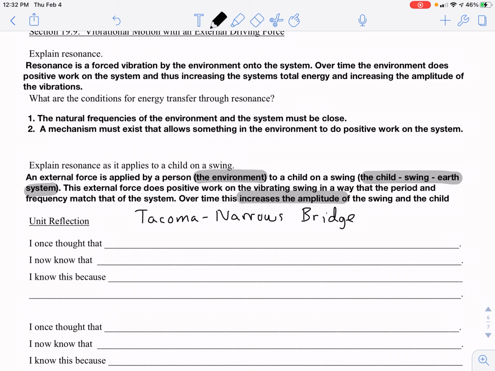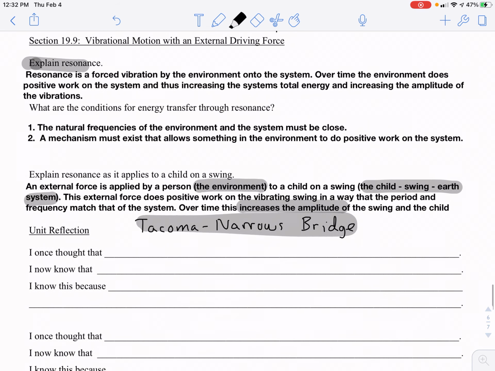There was video taken of this, late 1930s. This bridge was built after the Golden Gate Bridge, however, was an engineering failure compared to that of the Golden Gate Bridge. I'd like you to take a moment to look this up, look up videos on YouTube, and take a look at the disaster that was a result of this engineering failure and an example of resonance.